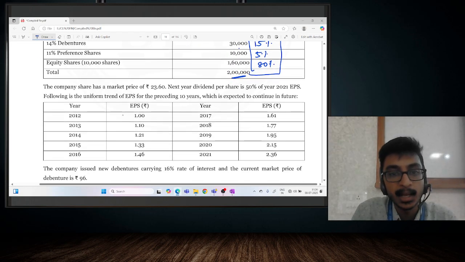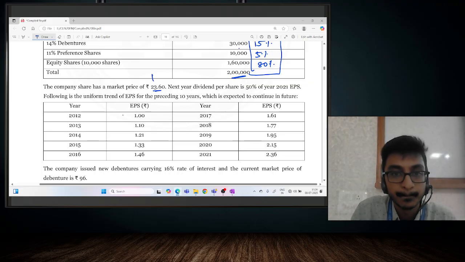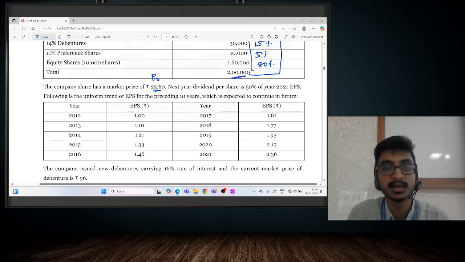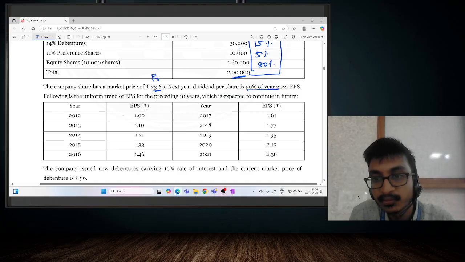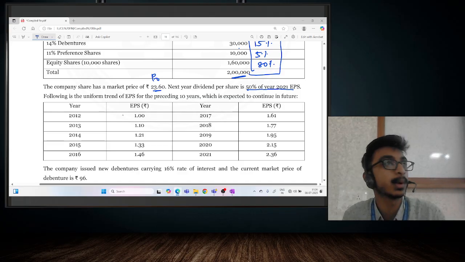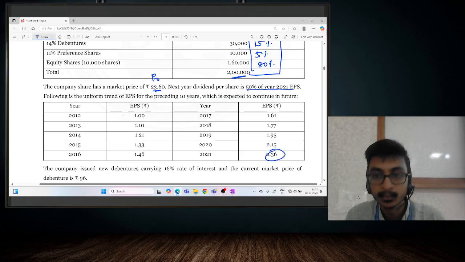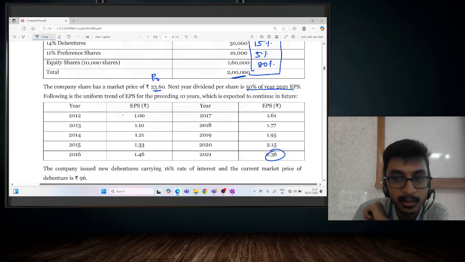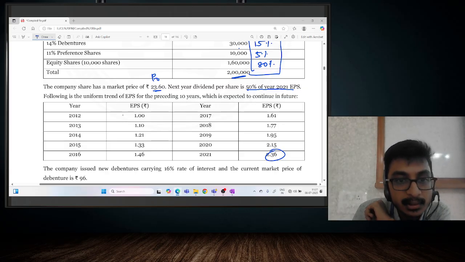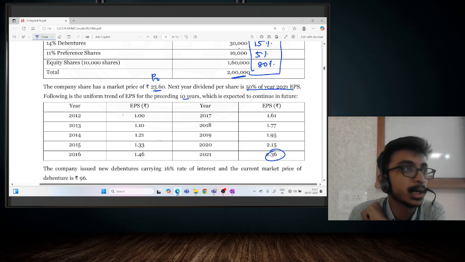The company has a share market price of rupees 23.60. What is this? P0, the market price of the share. Next year dividend per share is 50% of the year 2021 EPS. What is the EPS for year 2021? 2.36. Before that, the following is the trend of EPS for the preceding 10 years, which is expected to continue in the future.